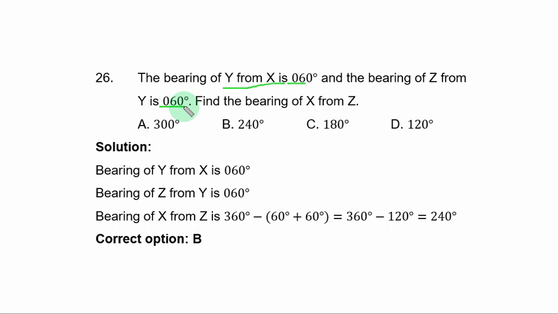Find the bearing of S from Y. So here you are going to make some turn, and it happens that the bearing is 360 degrees minus the sum of the two other bearings, and that is 240 degrees. B is the correct option.